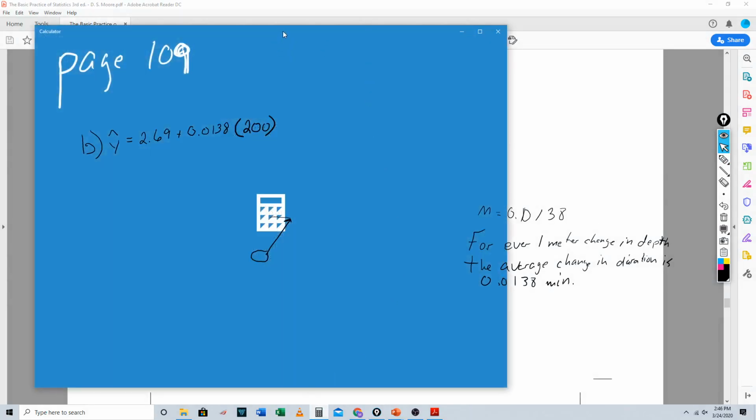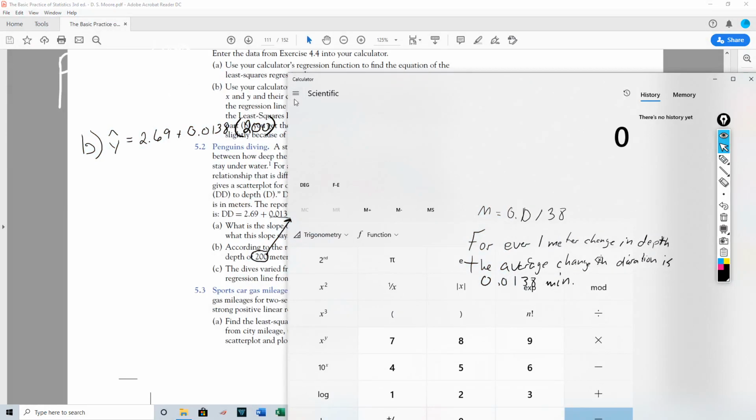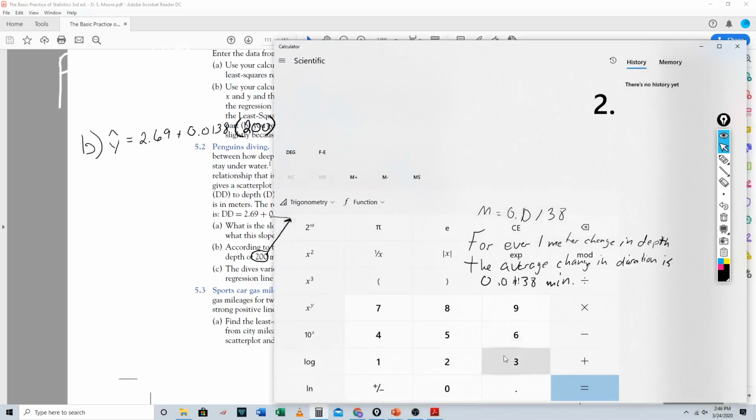All right. That's still showing up. So we're going to plug in 2.69 plus 0.0138 times 200. Oops, let me clear this.